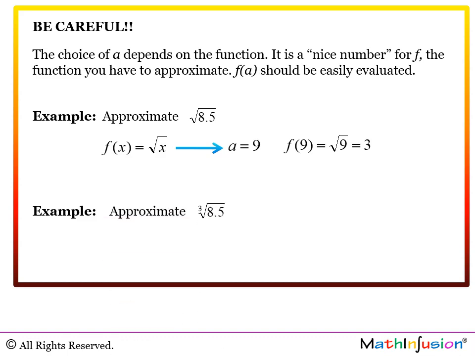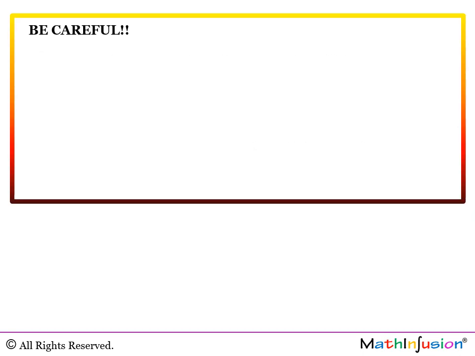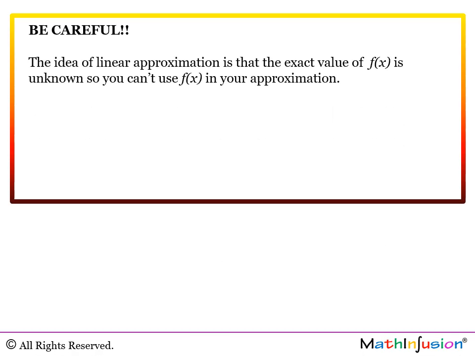Example: approximate the cubic root of 8.5. Now this is the function, and clearly a equals 9 is not going to work, but we are going to choose a equals 8, because the cubic root of 8 is 2, very easy to evaluate without calculators. Be careful. The idea of linear approximation is that the exact value of f(x) is unknown, so you cannot use f of x in your approximation.